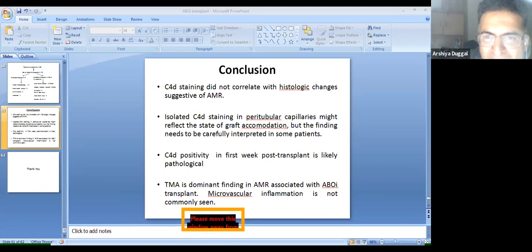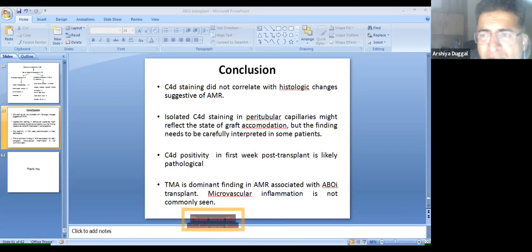Initial experience was good, but suddenly, as I told you, there were 2, 3 cases, and you don't know which case will land up in a graft nephrectomy. So there are a lot of theories. There is one Japanese group which says that there could be complement abnormalities, because of which some patients are prone to endothelial injury as compared to other patients. But there is no proven fact.